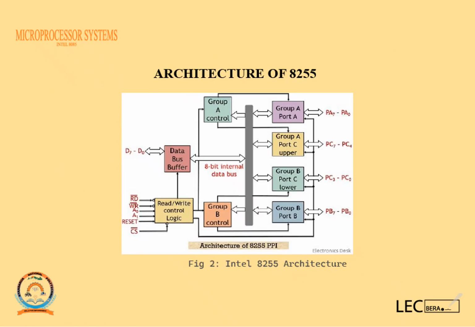So let us now look at the inside of the Intel 8255, the architecture of the IC, and how it has been designed. Let us start from the left side. When we want to exchange data between the Intel 8255 and our main microprocessor, the Intel 8085, we need to interface the data bus of the 8085 to the data bus of the 8255.